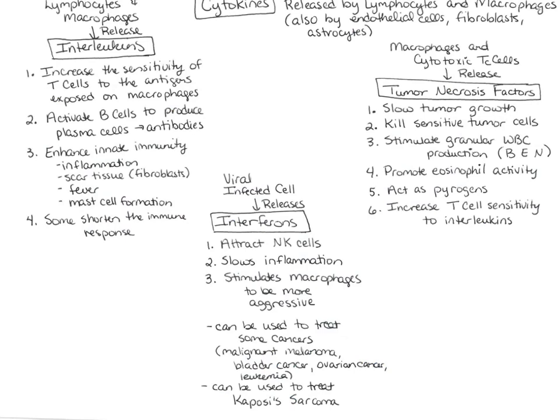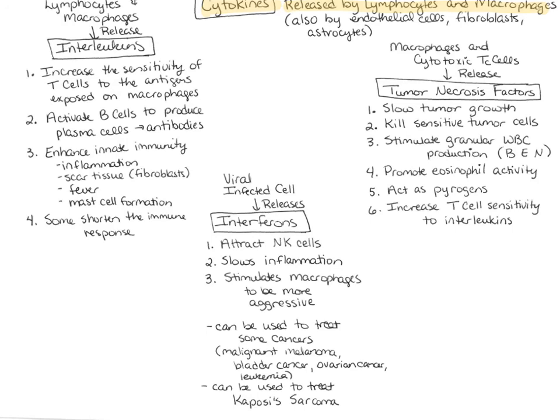So the last thing I want to go over are these things that are called cytokines. Cytokines are released by lymphocytes and macrophages. One of the cytokines I already talked about was perforin. So perforins are these little chemicals that the cytotoxic T cells shoot out in order to kill an infected cell.